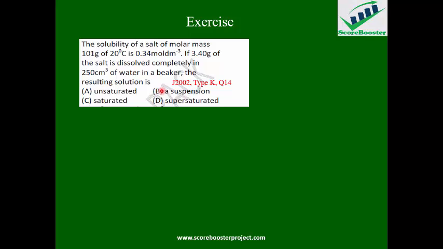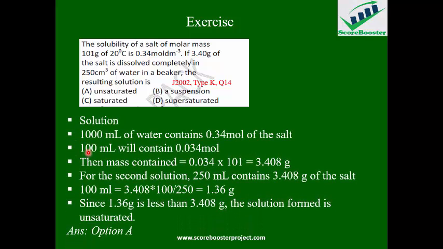Again, we have 0.34, so let us leave that one. We are going to convert 3.4 grams in 250 cm cube to a number in mole per dm cube, and see which is bigger, this one or this one. We now determine what our resulting solution is. 100 ml contains 0.034 mole, which is a mass of 3.4 grams.